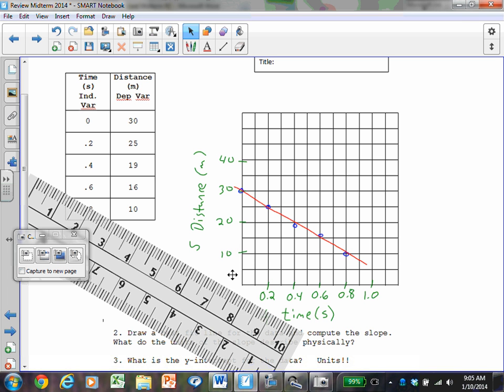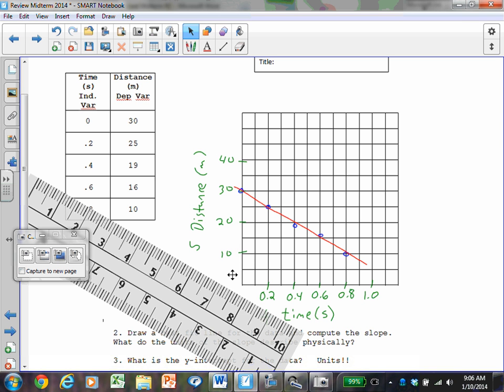No, it doesn't. It misses some of them, right? So we have to be careful when we go about calculating the slope. One of the big mistakes is you would take 2 points like these two. If we take 2 data points and calculate the slope from them, pay attention because this is important, that would give you a slope going off like that. So we need points on the line.